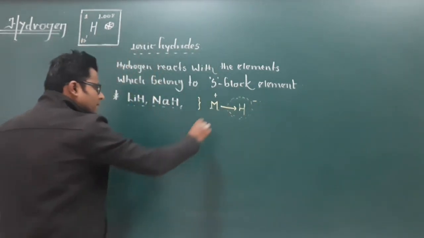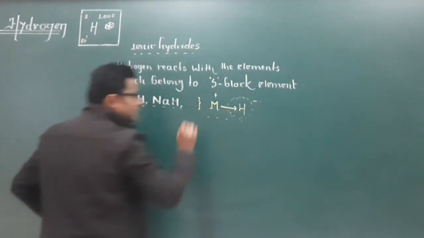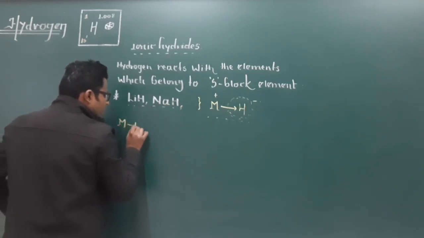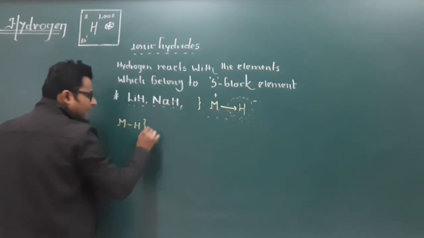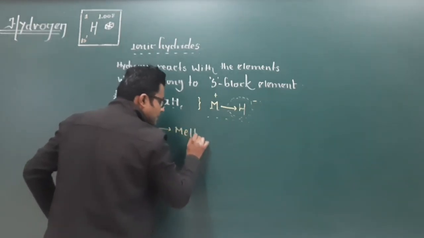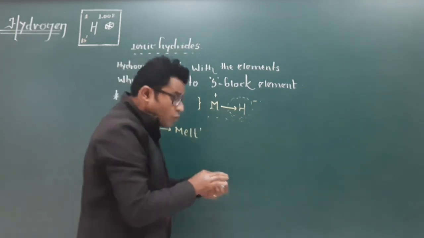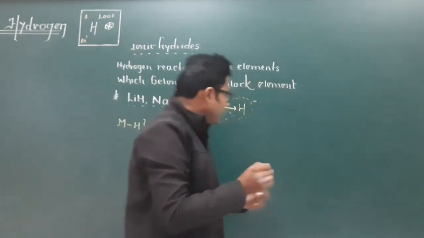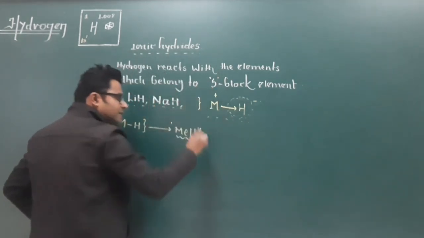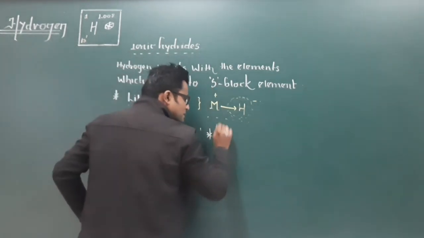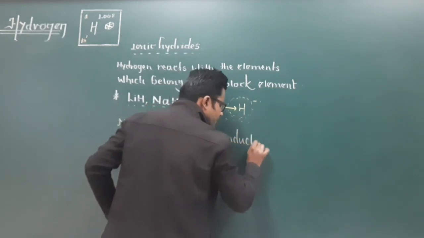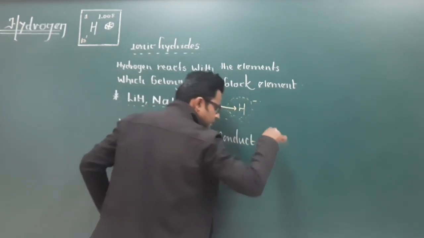Now let's say that we are taking this particular metal hydride. The important factor about these hydrides is that when we heat them to form a melt, in the molten condition they have a tendency to conduct electricity.